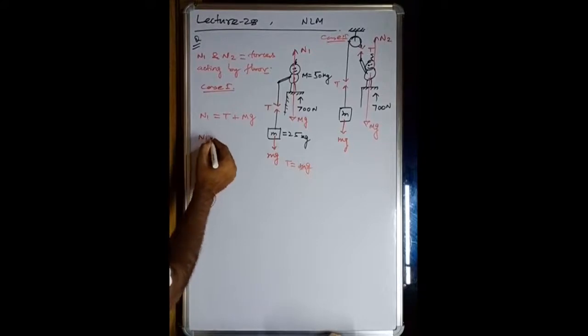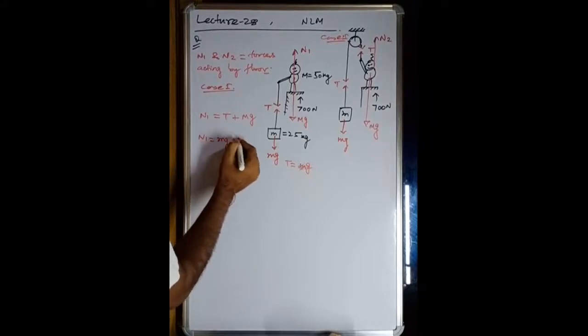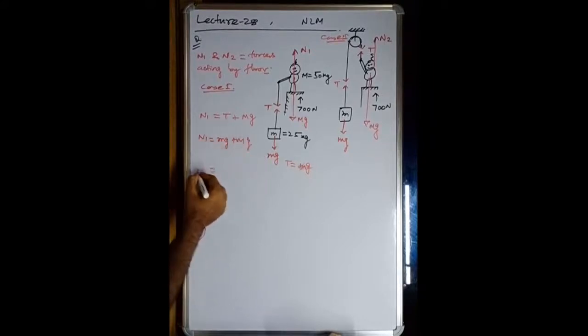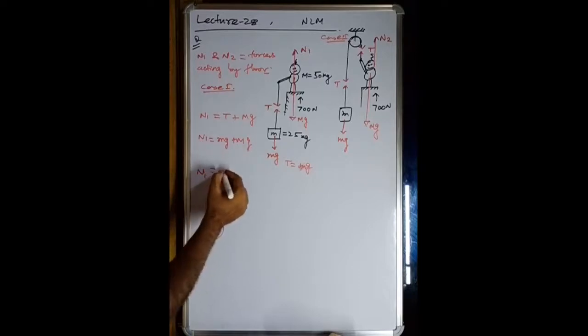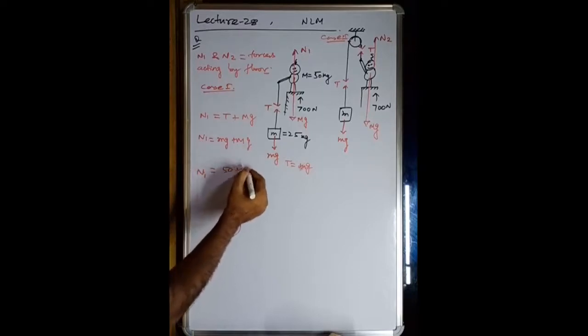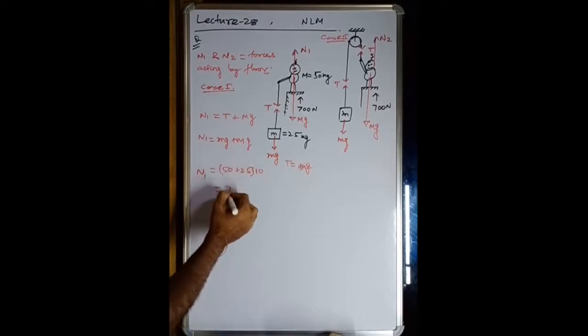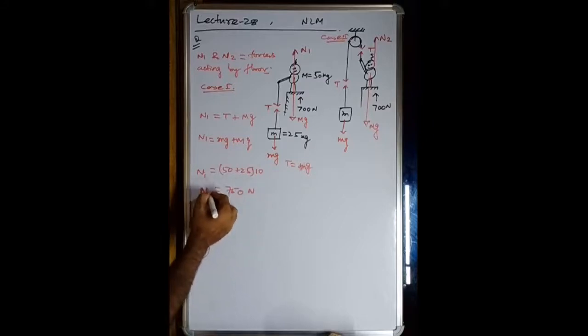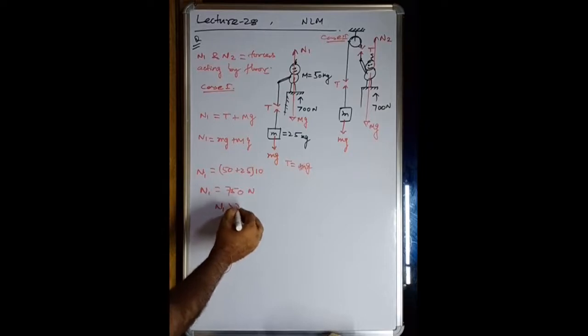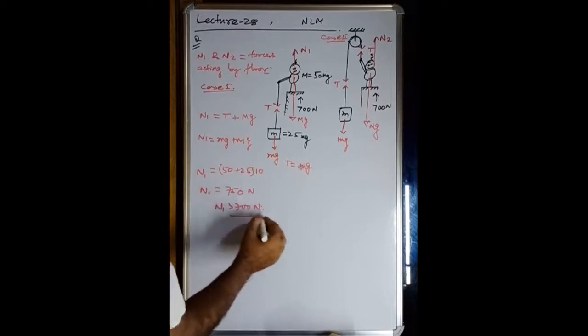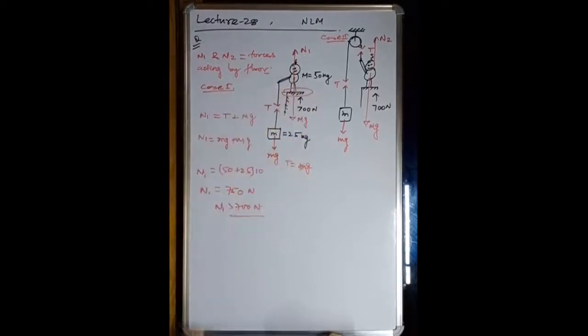It means N1 is Mg plus mg. It is M plus m, that is 50 plus 25, times g, suppose g is 10, then it is 750 Newton. This N1 is greater than 700 Newton, so this floor will collapse and this particular person will go down.